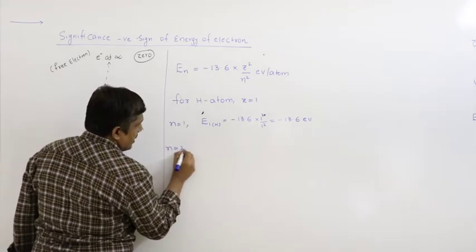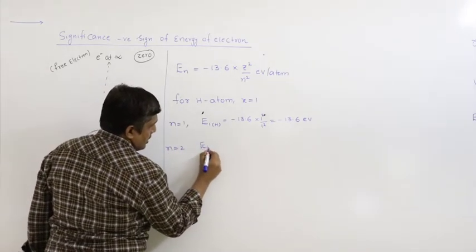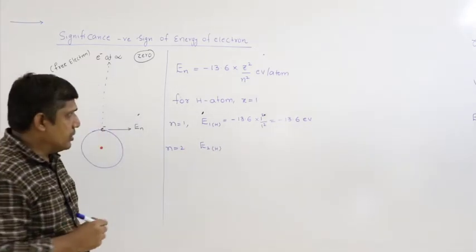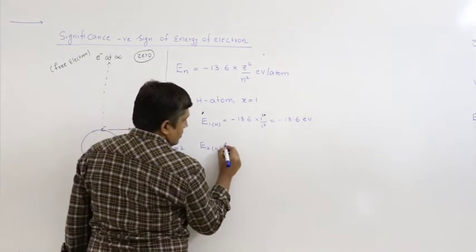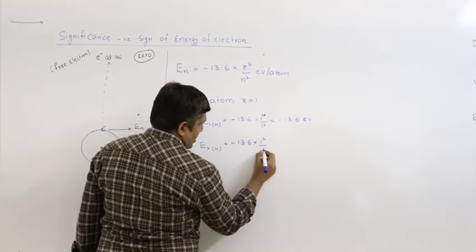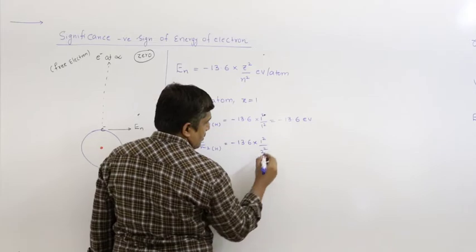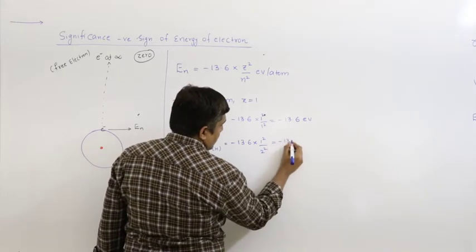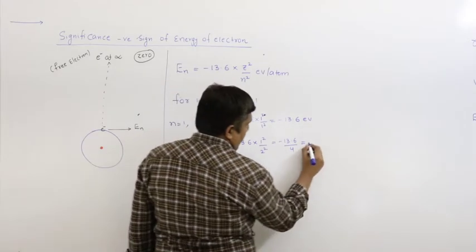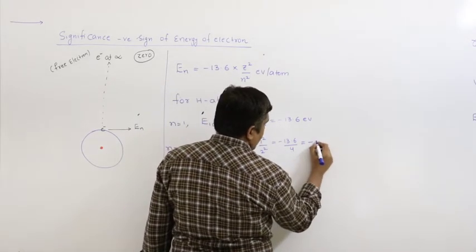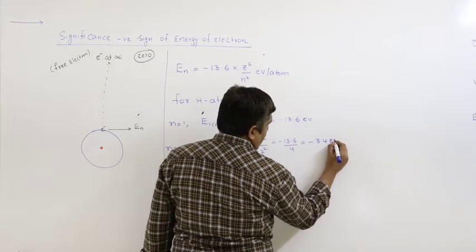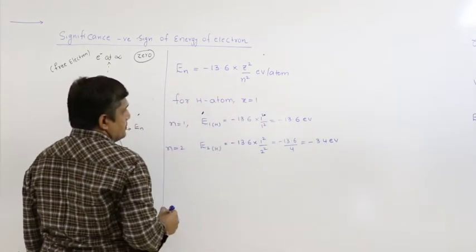For the second orbit electron, E2H, the energy of the electron in the second orbit of the hydrogen atom, equals minus 13.6 into 1 square by 2 square, which is minus 13.6 by 4, that is minus 3.4 electron volt per atom.